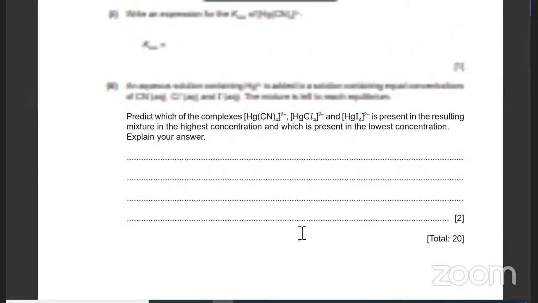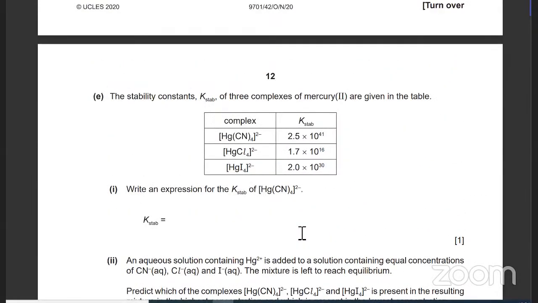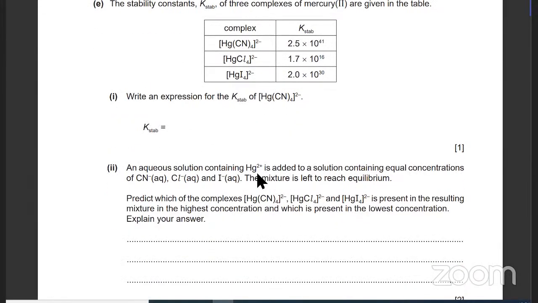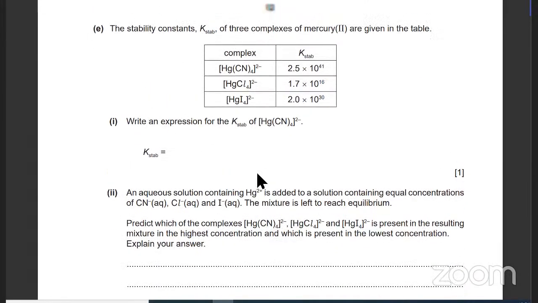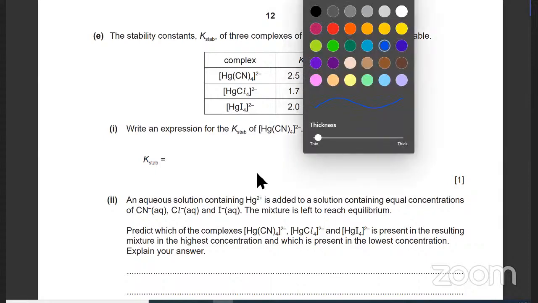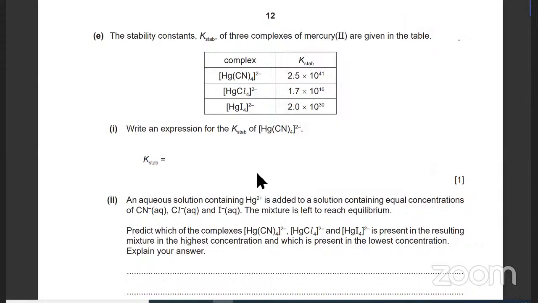It's 5 part E, this one. No, this is about stability constant. Yes sir, do this one too. Just this one question, form the expression. Remember, stability constant is the ligand exchange in an aqueous solution. So he's talking about the K stability of this thing, so it's going to be Hg aqueous ion. What is the charge on Hg over here?